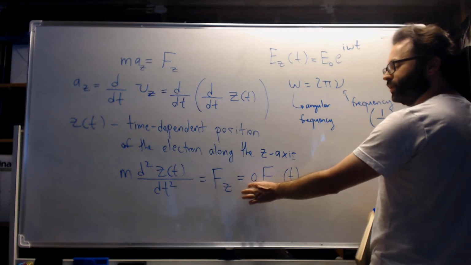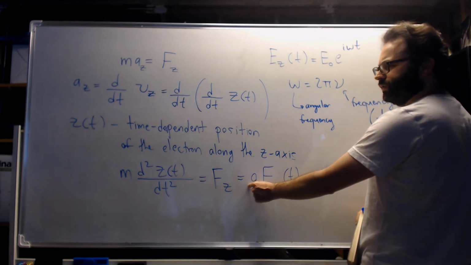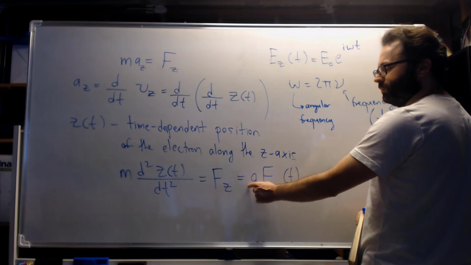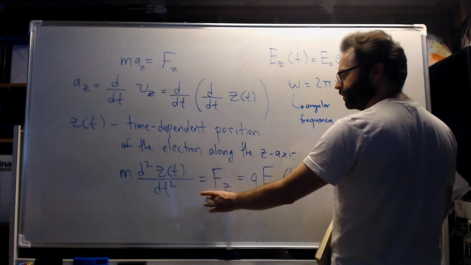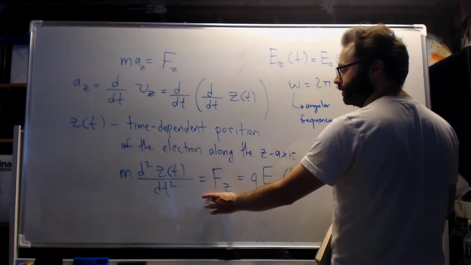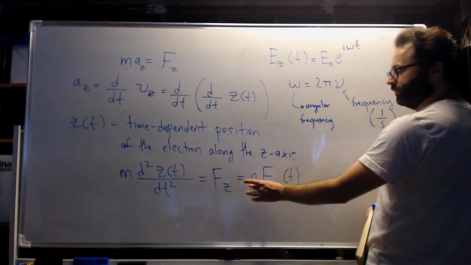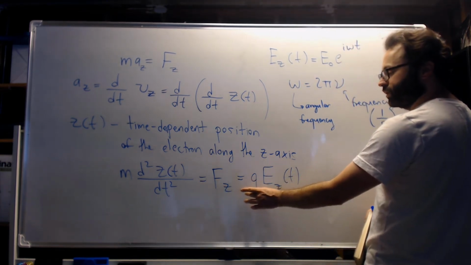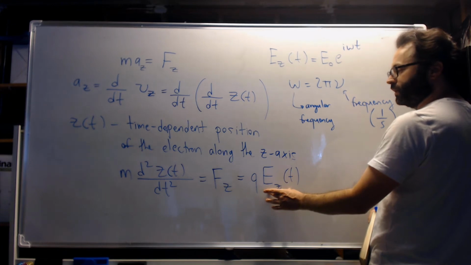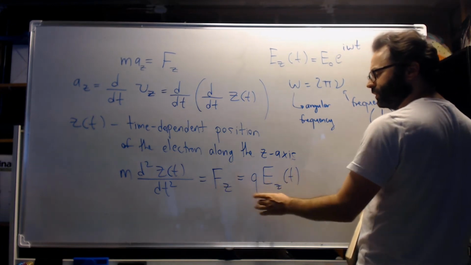So at this point, we have not said what kind of charge, positive, negative, big, small, whatever it might be. We're just simply saying that the relationship between the force on this charged particle in the z direction is the product of the magnitude of the charge itself times the electric field acting upon it. So very similar, but not identical.